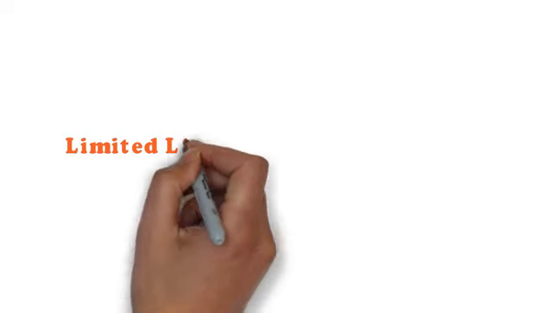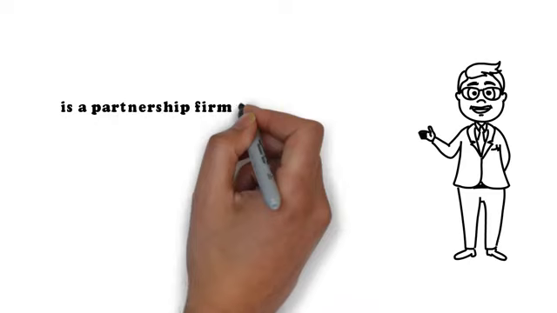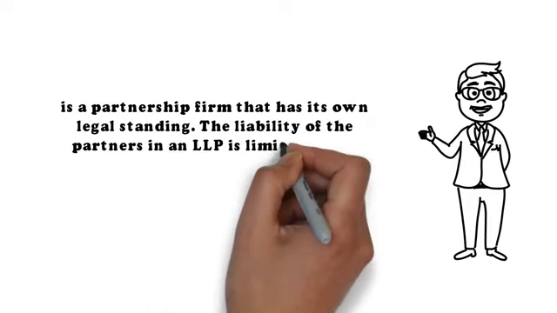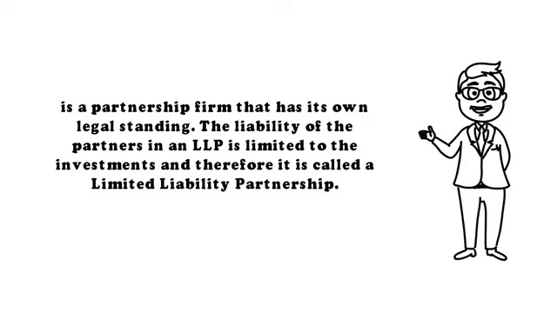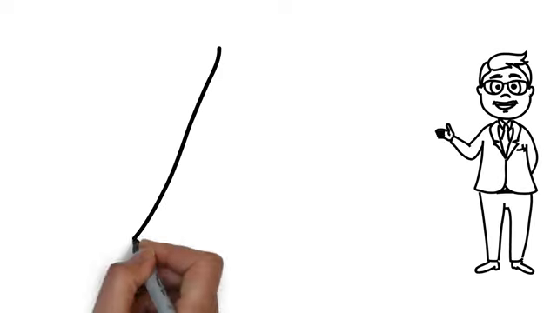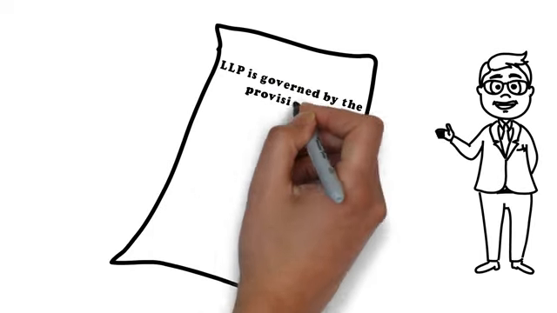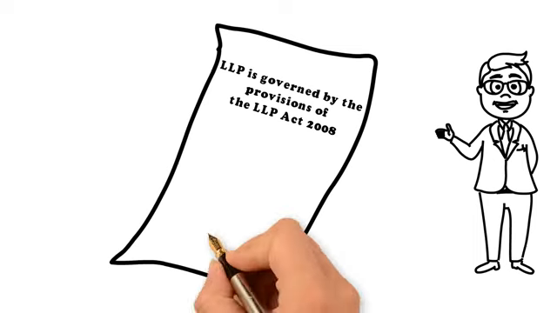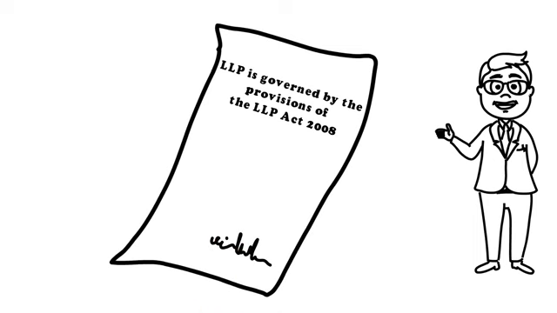3. Limited Liability Partnership (LLP) is a partnership firm that has its own legal standing. The liability of the partners in an LLP is limited to their investments, and therefore it is called a limited liability partnership. LLP is governed by the provisions of the LLP Act 2008.